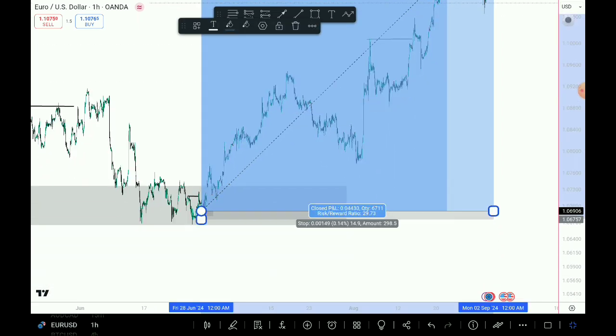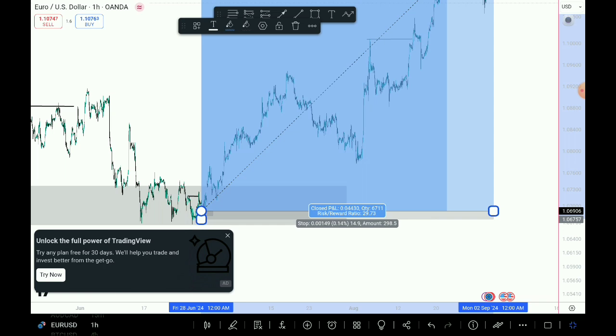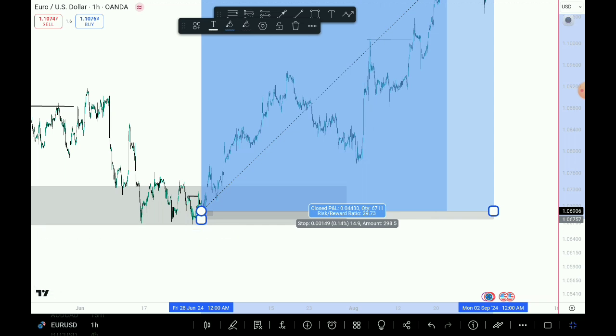Now what is the risk reward? 1:29. On this particular trade now, if I was risking 1%, I would have made 29% on that account. And using that risk entry, the previous entry, I would have only gained 4%, if I risk 1%.